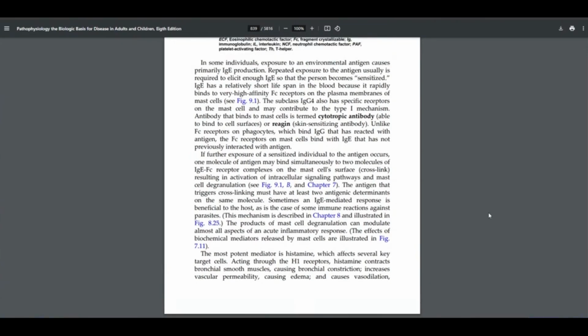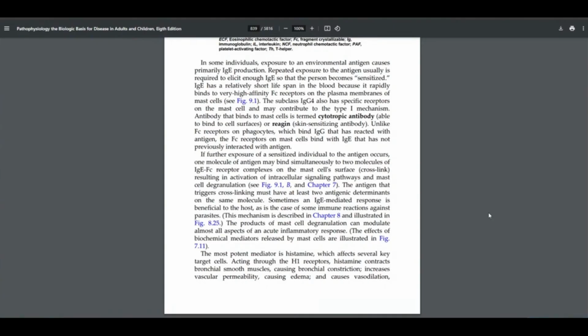In some individuals, exposure to an environmental antigen causes primarily IgE production. Repeated exposure to the antigen usually is required to elicit enough IgE so that the person becomes sensitized. IgE has a relatively short lifespan in the blood because it rapidly binds to very high affinity Fc receptors on the plasma membranes of mast cells.